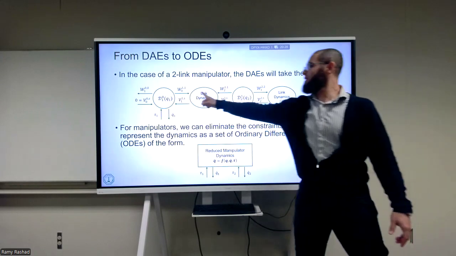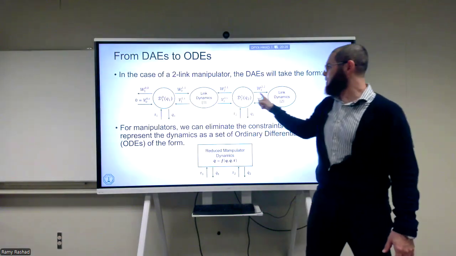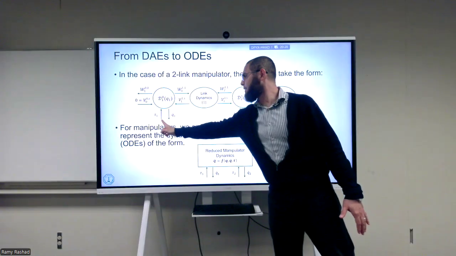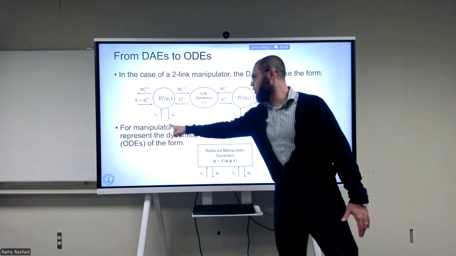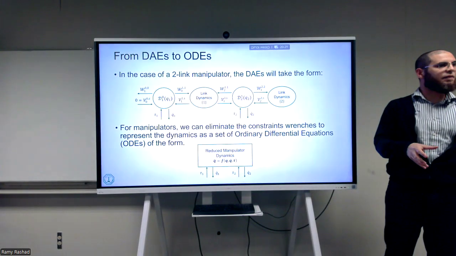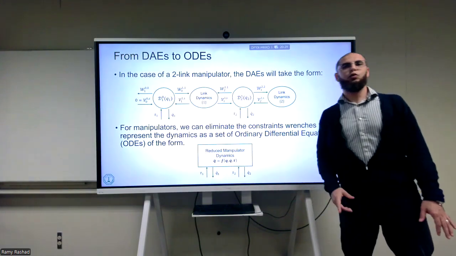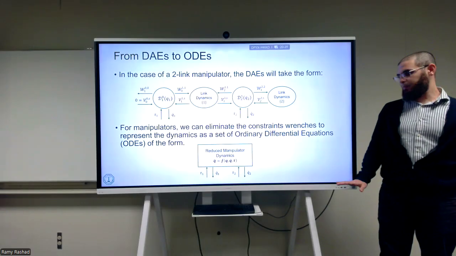We have all of these twists. In the end, we can just eliminate all of the equations that you see on the top here, along with the constraints, and get in the end an equation that will take as an input tau1, tau2, and give you as an output q1 dot and q2 dot. And this equation inside of it will be a function of q dot, okay, and it will be a second order differential equation. That's the plan.